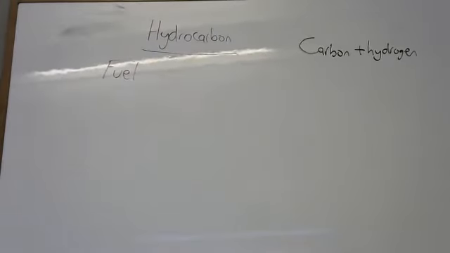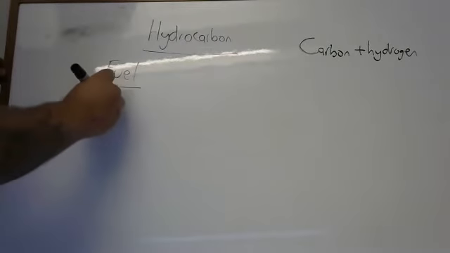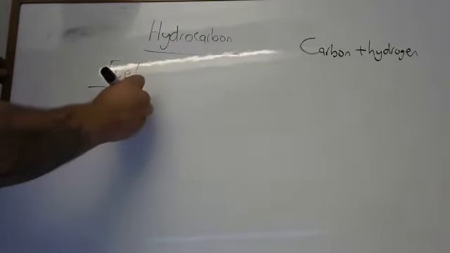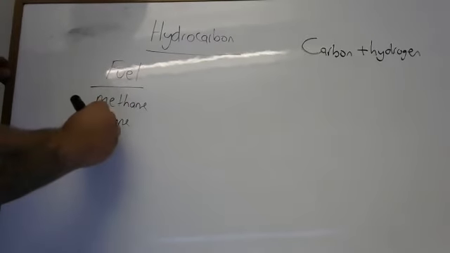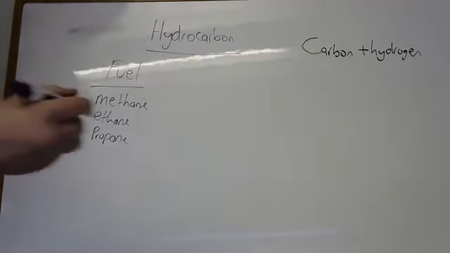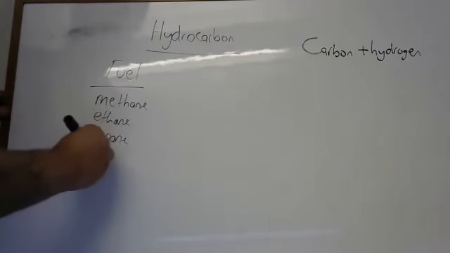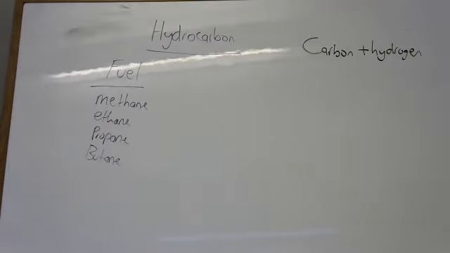So, natural gas, so methane, ethane, propane, which is what they use to power your cooking, propane and butane. And they make up this huge, giant, complicated world that we call organic.